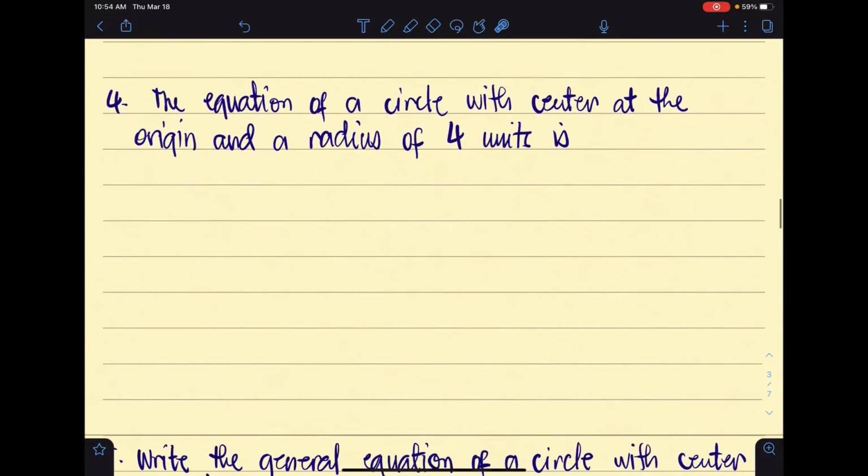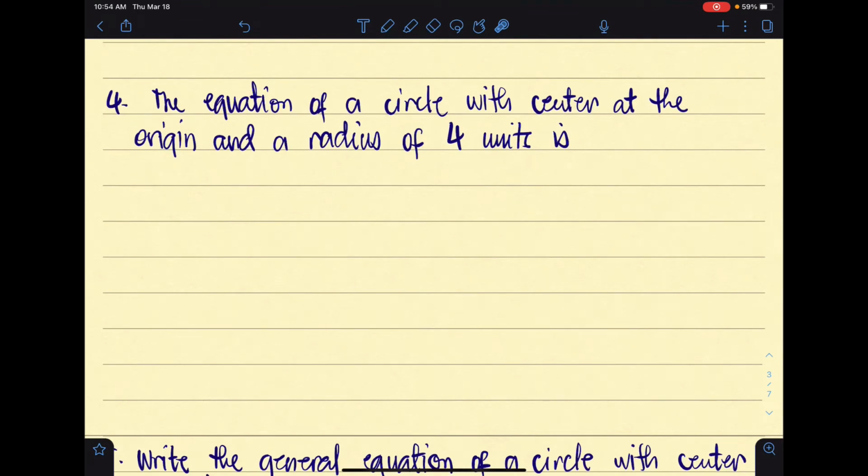Number 4. The equation of a circle with a center at the origin and a radius of 4 units. So when we say that the center is actually at the origin, it simply implies that the coordinates are 0, 0. And thus, h and k are 0 and 0.